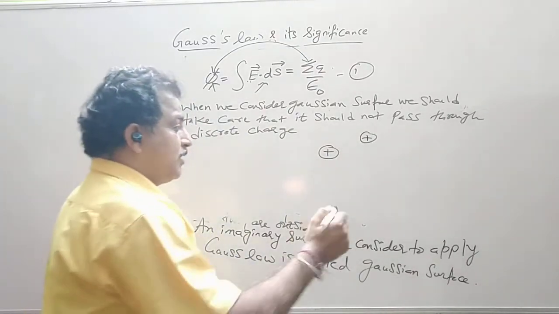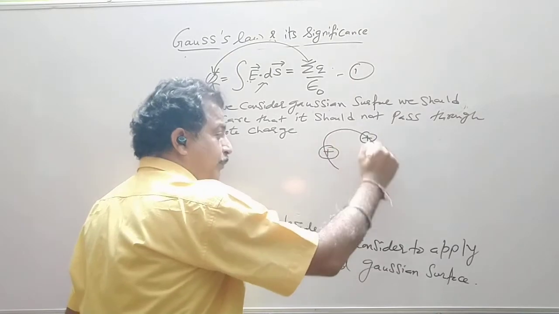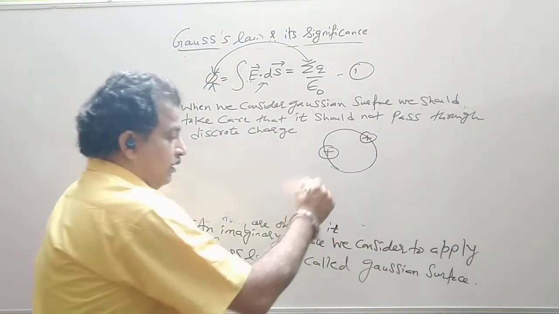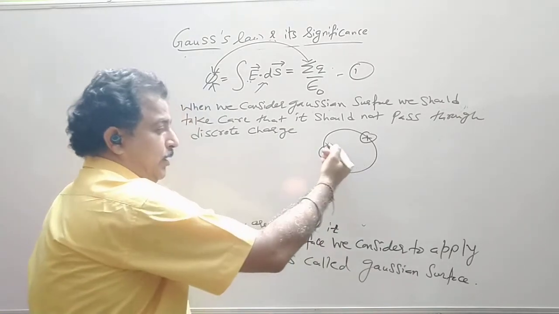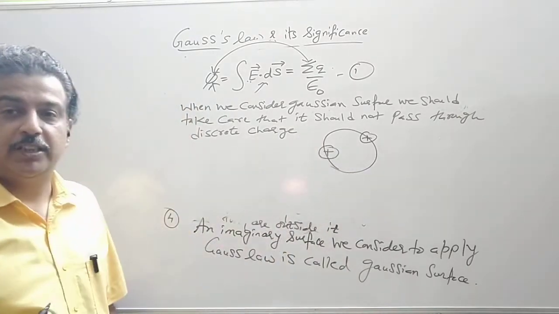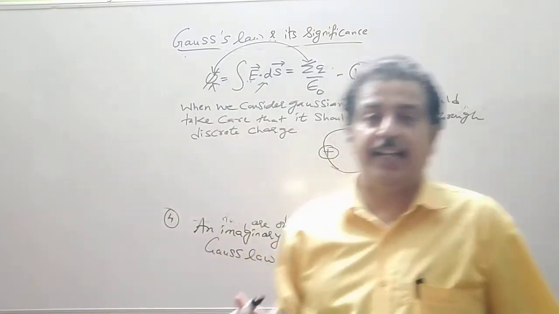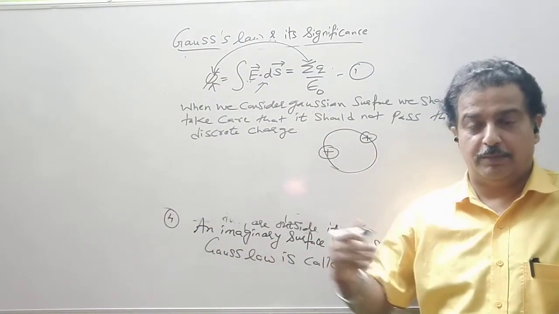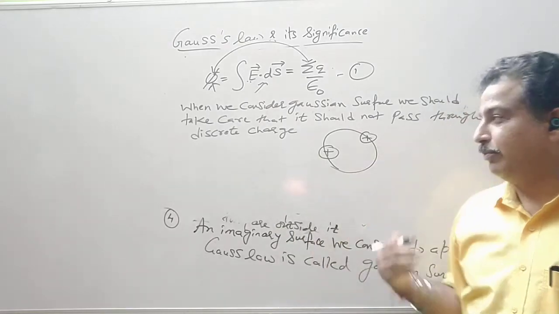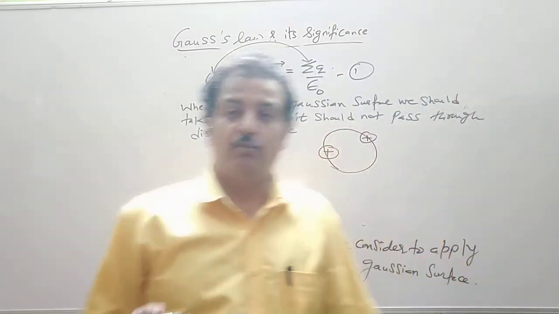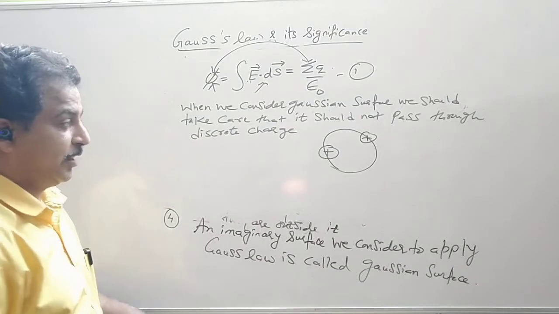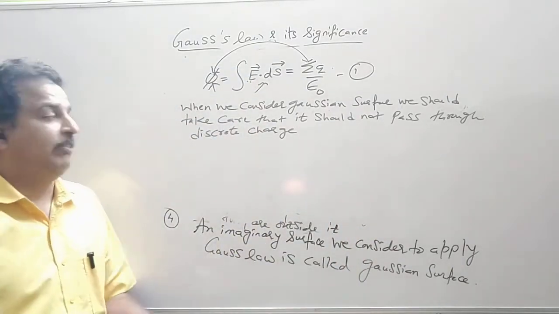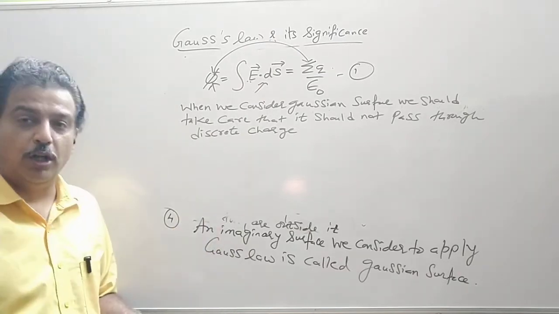I will not consider the Gaussian surface such that it passes through these discrete charges, because when we move towards or away from the discrete charge, the electric field intensity changes very fast. It may increase very fast or it may decrease very fast. E is inversely proportional to the square of distance. So the electric field intensity variation is very large or small.